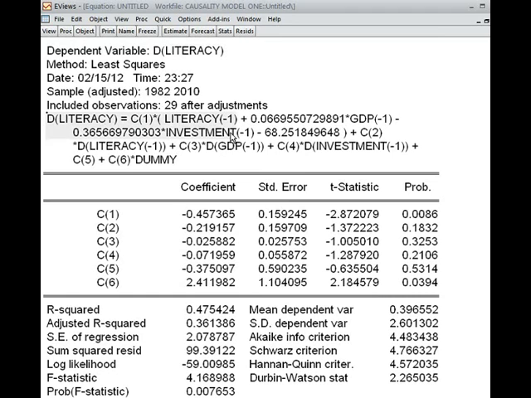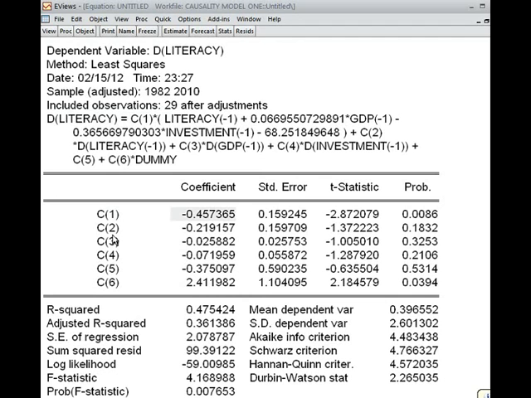Okay, this is our error correction model, and this is the dependent variable, and C1 is the coefficient of the error correction term, right? You can see from here to here until this, C2, C1, which is this one, right? C1 means this one and this one. So this one is the error correction term.